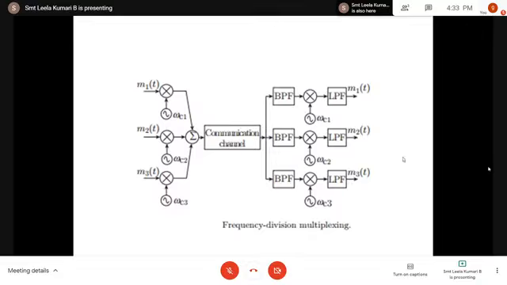On the receiver side, band pass filters are used. These band pass filters separate out the signals, which are then coherently demodulated as shown. Here the carrier signals omega C1, omega C2 and omega C3 are used at the receiving side also.